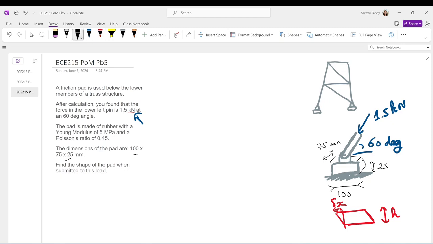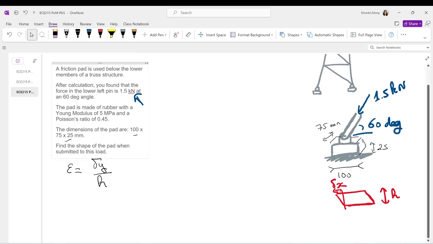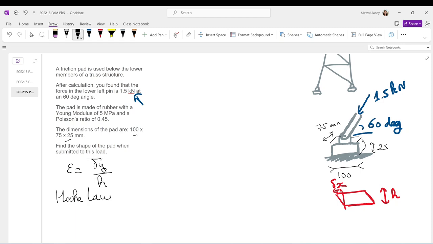So let's see the formulas that we have. We need to find a new dimension h. To find these dimensions, we know that epsilon equals delta y divided by the original h. So we need to find epsilon to find delta y, right? And how do we find epsilon? Probably something with Hooke's law, because we also have the Young's modulus.